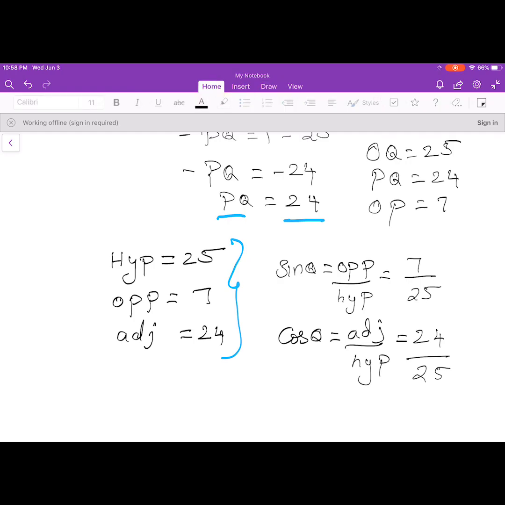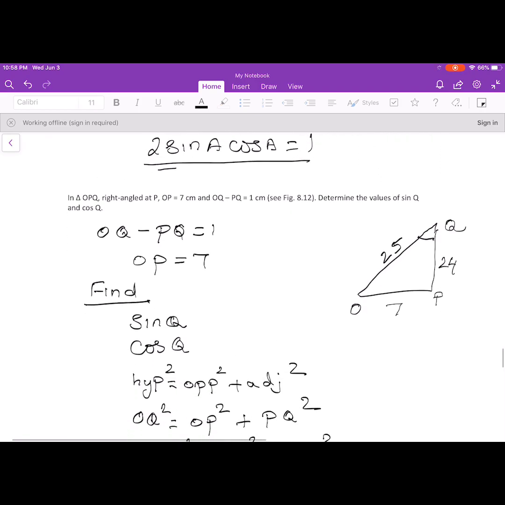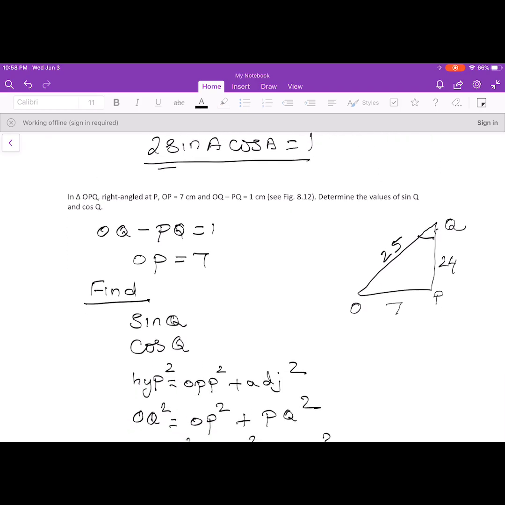This is a little bit bigger, so I'll explain the sum again. The question is: in triangle OPQ, right angled at P. For that, I am drawing a triangle OPQ, right angled at P. They are saying that OQ minus PQ is 1 and OP equal to 7, and you have to find out sine Q and cos Q. So I have only OP.